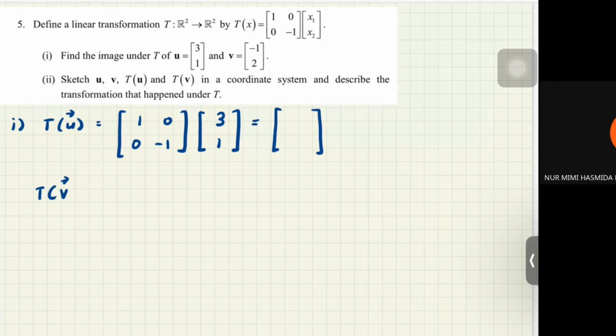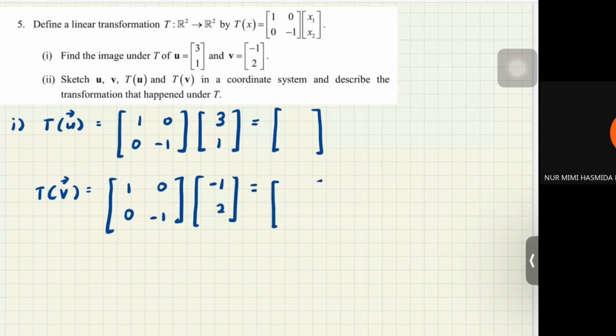And TV equals 1, 0, 0, minus 1 times vector V, minus 1, 2. Then you will get, okay, very simple, because you have 0, 0 here, you can calculate it faster. 3, minus 1 and minus 1, minus 2.